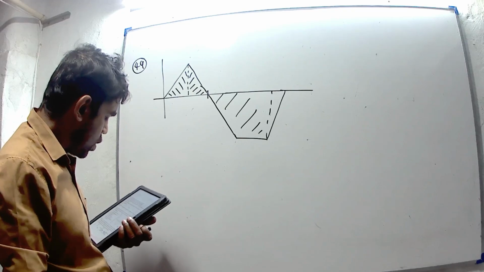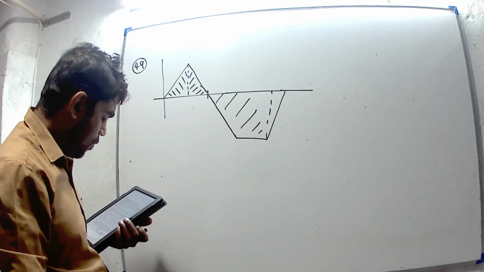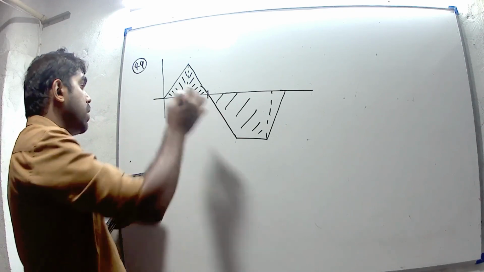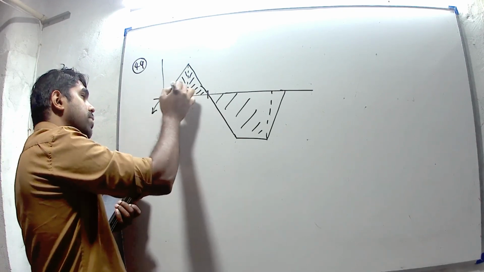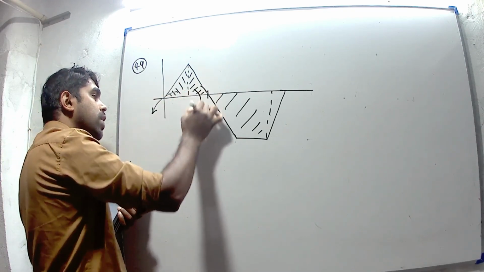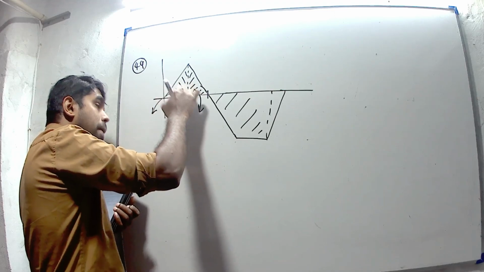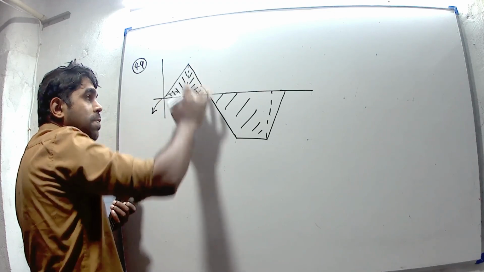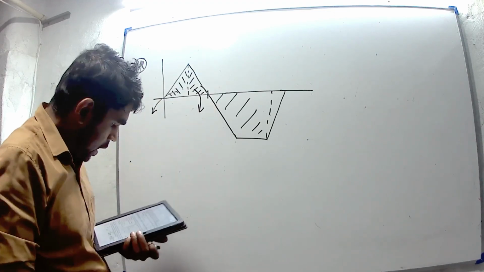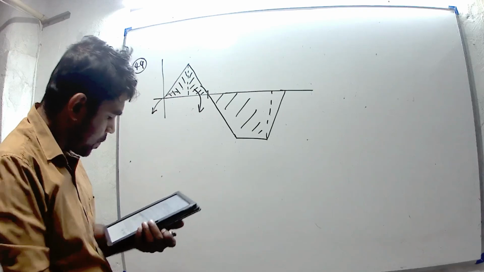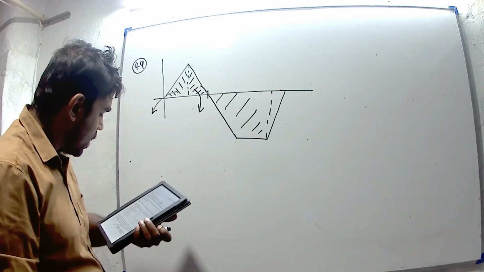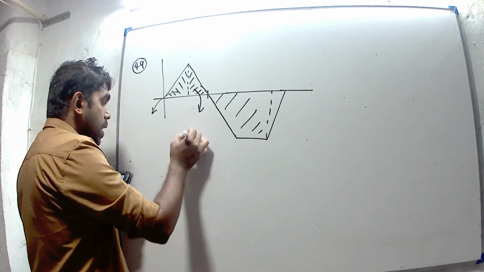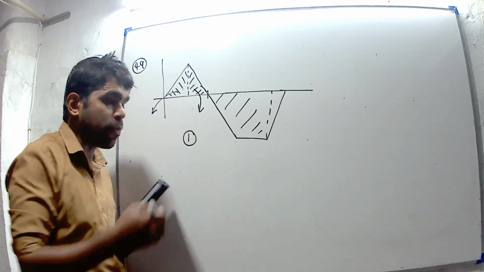There is only one situation in the graph. The increase of momentum for this part, mv product, should be equal to the decrease of momentum for this part. Then it should rest only at t equals 40 seconds. Then the answer is 1 for question number 49.